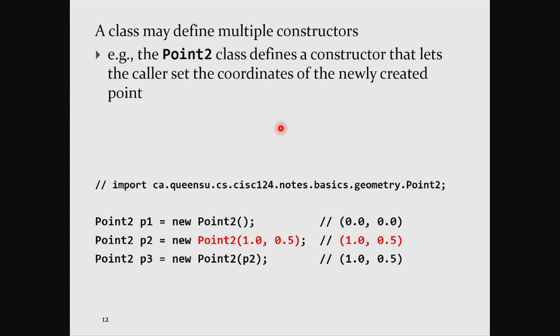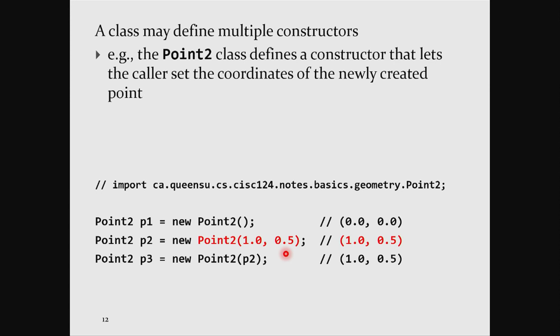Now, besides the no argument and the copy constructor, a class can define as many other constructors as it wants. Normally, it depends on how complicated the object is. Point2 is not very complicated. It's got an x and a y coordinate.